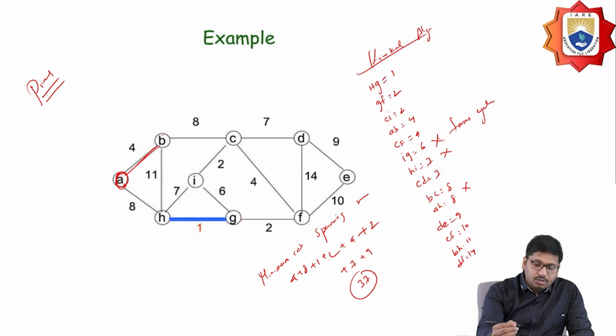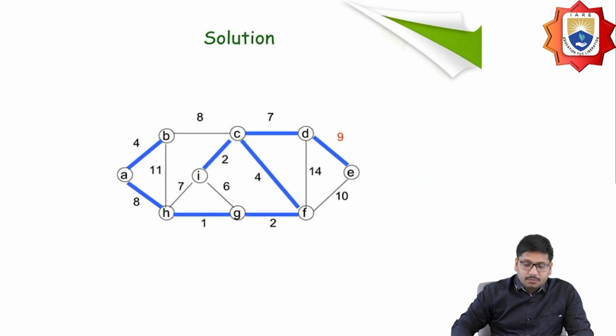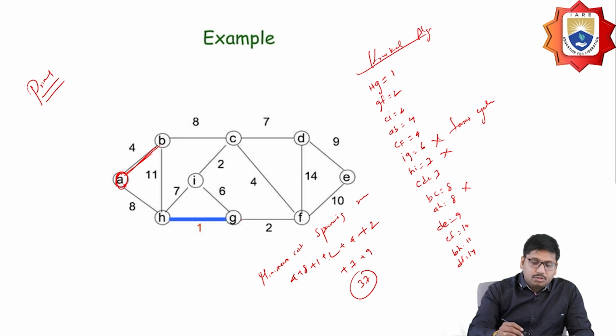AB is 4, and that's why I'm going to select this. And from B also it should be 8. Otherwise I can select this 8.